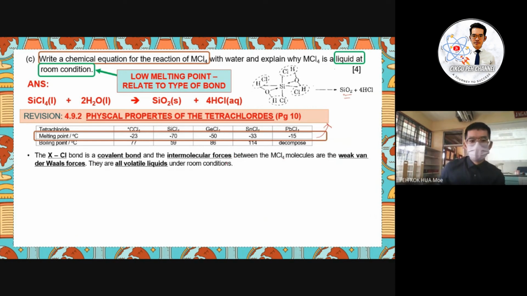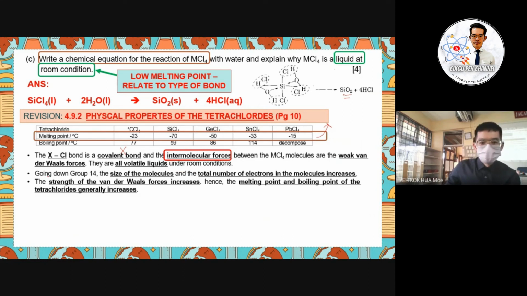They are weak van der Waals forces and they are all volatile liquid. So we discuss this. We do not discuss covalent bond because they are weak. They have low melting point, which is caused by the van der Waals, and they are actually the simple molecule. Okay, not giant covalent.